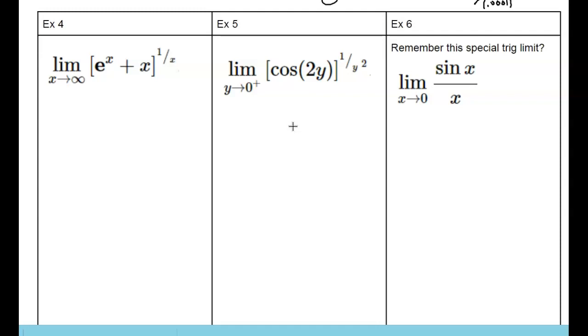But if we wanted to do it, I have to define a new function because we have an exponential. The idea is we can get exponentials down if we use logarithms. And since we have e, we're going to try natural log. So we let some new function, I'm going to let it be z, equal this.